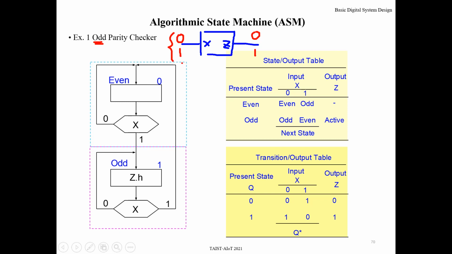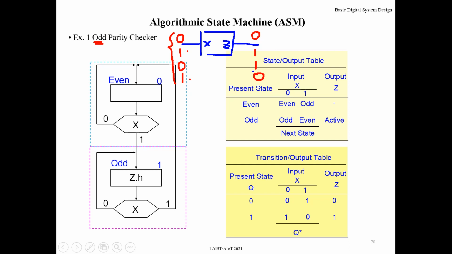If the next input is 0, the total is still 1, so it's odd, so output Z is 1. If the next input is 1, the total number of 1s is 2, so now it's even, and output Z changes to 0.